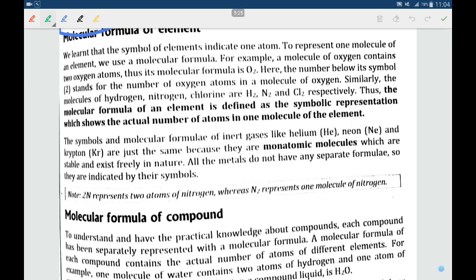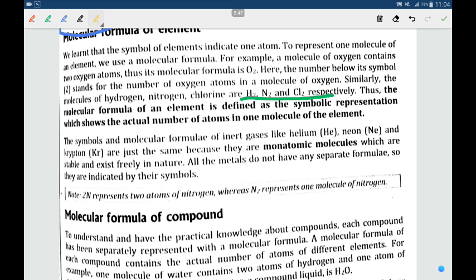Molecule of element shows molecular formula of element. Molecule of compound shows molecular formula of compound. So hydrogen, nitrogen, chlorine, I just marked here H2, N2, Cl2. These are molecular formulae of elements.